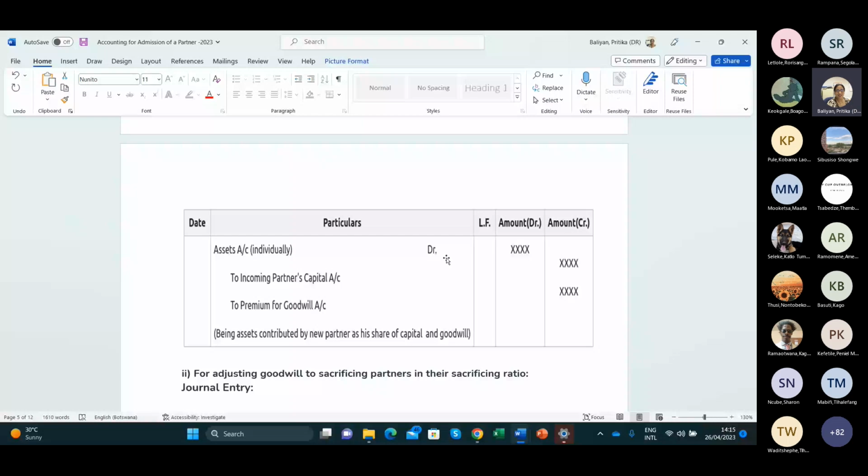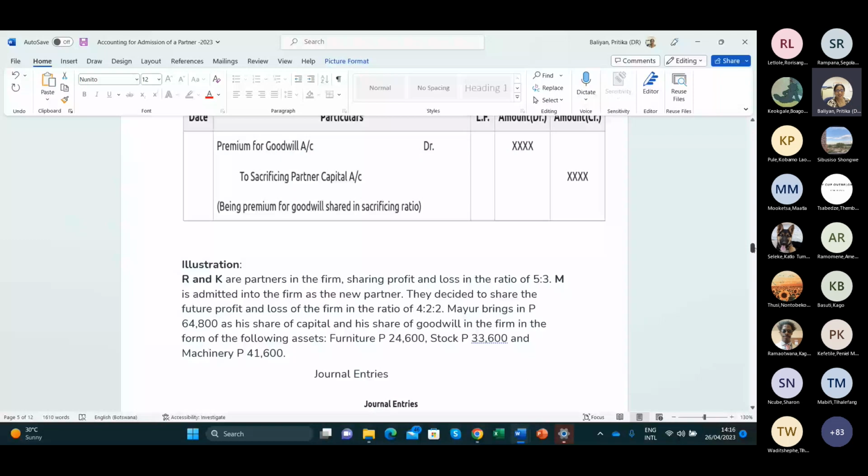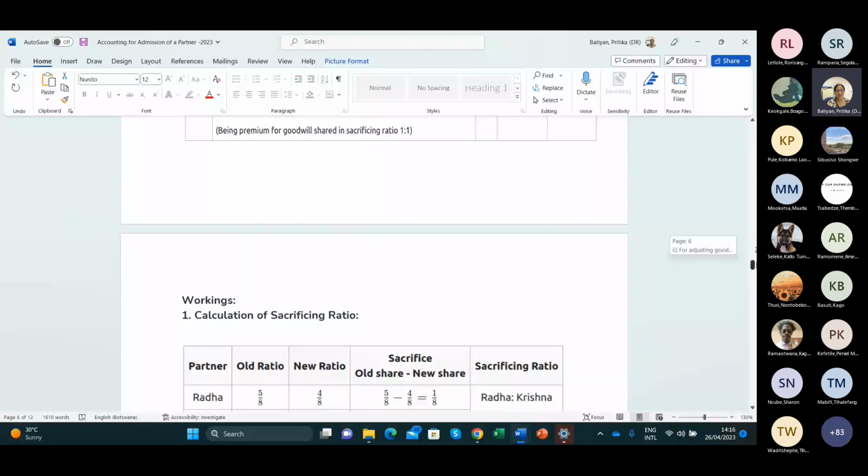All the assets you will write there, and their amount on the debit side. These assets also increase the capital. So capital and the amount of premium of goodwill, how much he invested as a premium of goodwill, will be written here. So that's how we record. These are some basic conditions in which goodwill comes into the business.